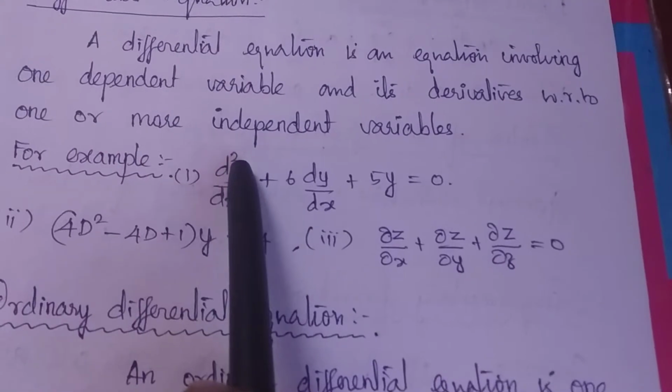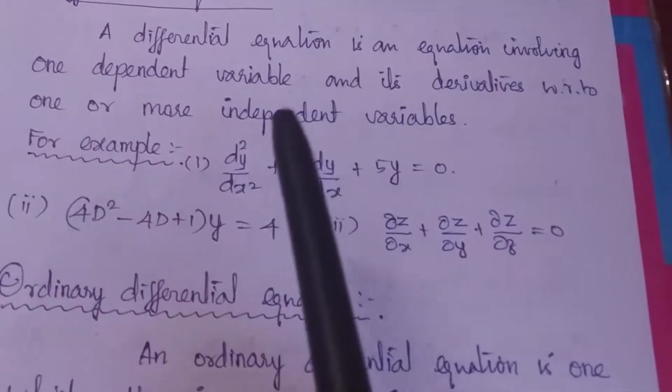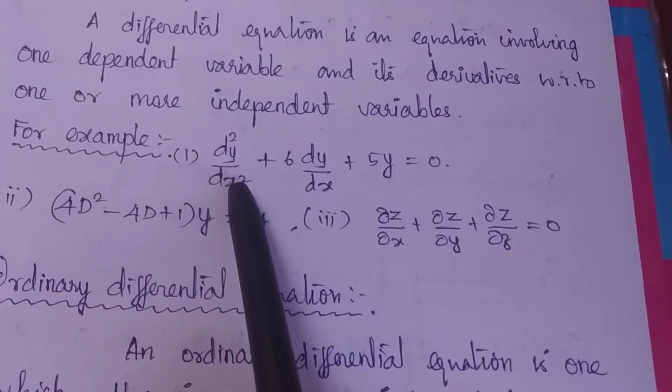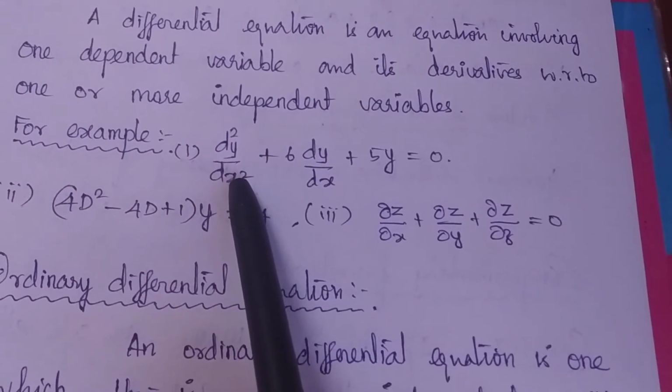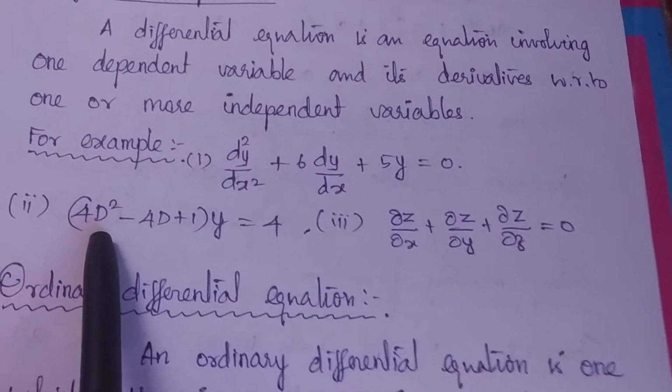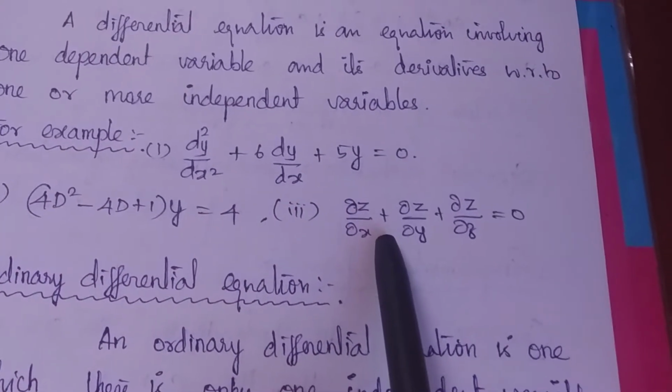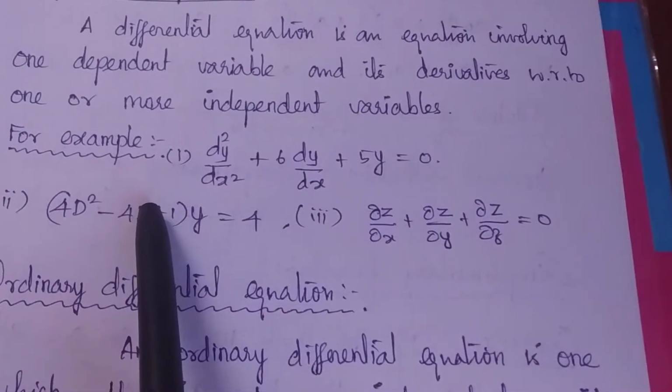Here y is a dependent variable, x is an independent variable, y with respect to x. Another example, but the third one is different from the first two.